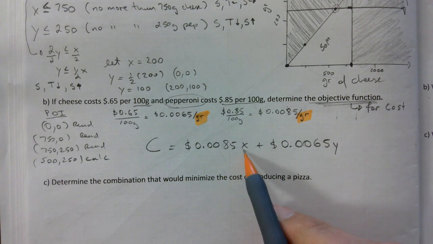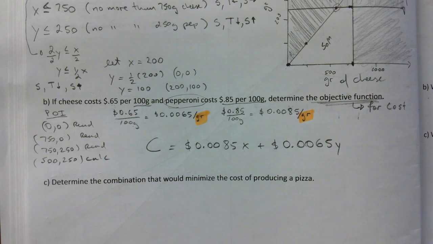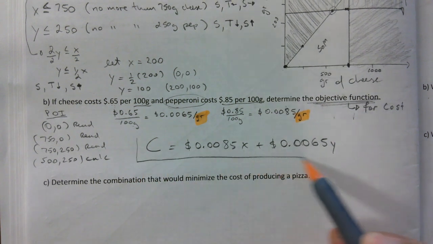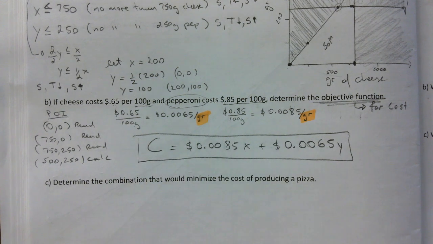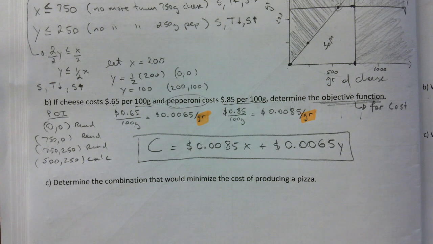Okay? Just to make sure I have X and then Y. So this is it. Yes, it's okay to have the dollar sign in front of it. I'm okay with it. That is the objective function there for cost.